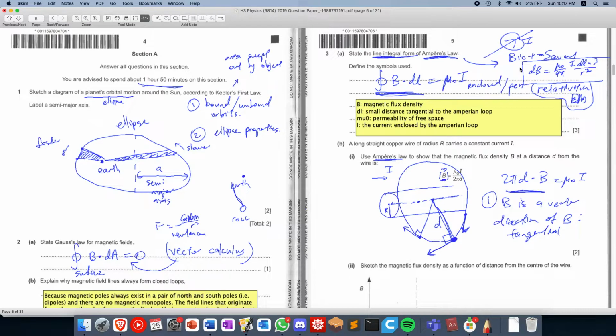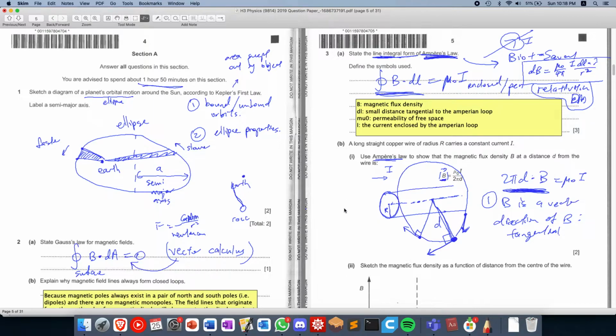Ampere's law is particularly useful when we consider symmetry, because the reason why we can pull out this 2 pi d times B is because around the circle, the entire system has rotational symmetry, precisely because this copper wire is a cylinder.